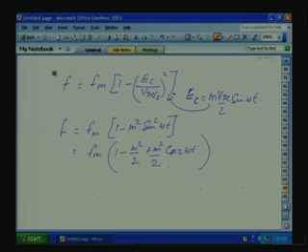If you see here, the switching frequency F varies sinusoidally around an average value.